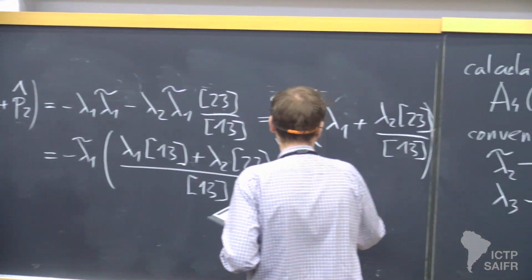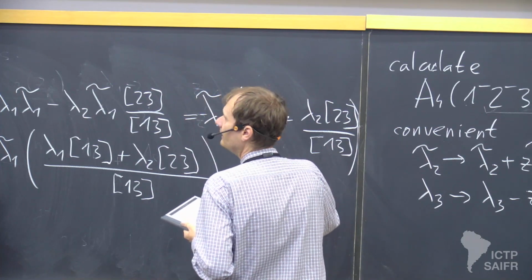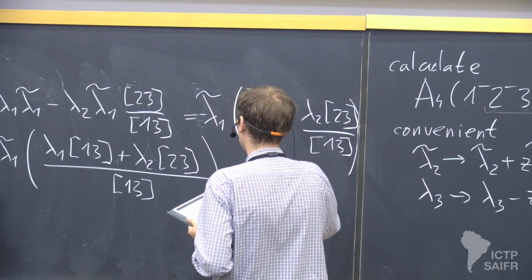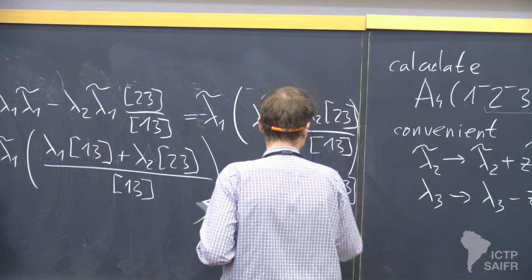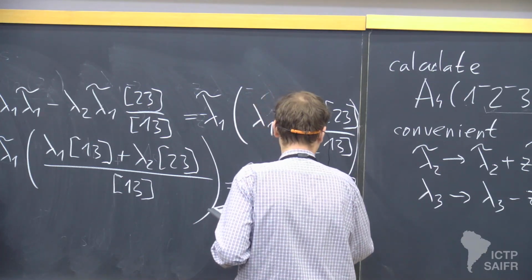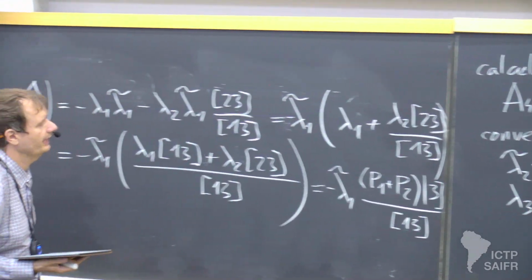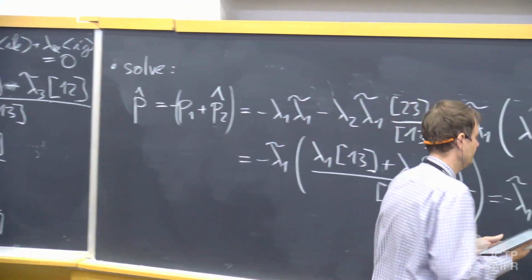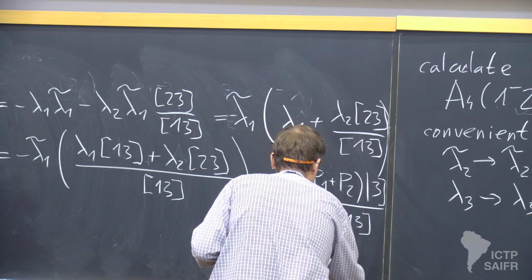So we can also write it as P1 plus P2 acting on 3 divided by 1 3. But P1 plus P2 is minus P3 minus P4.